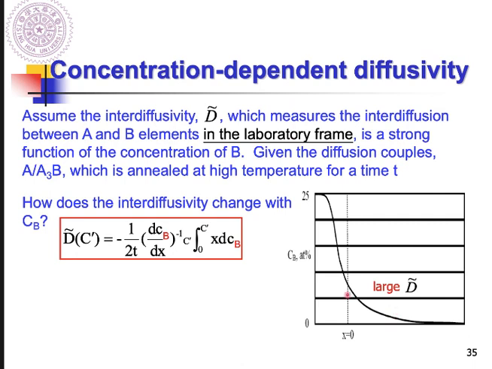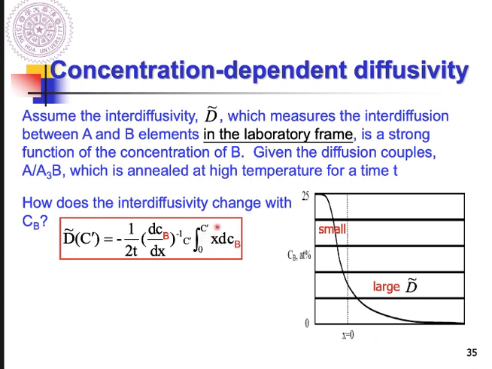On the other hand, at the high CB region, the slope is high, but the reciprocal of the slope is small, right? So we got a small diffusivity at the high CB region. And as I mentioned before, the third term, x times the integral of concentration, does not change a lot.